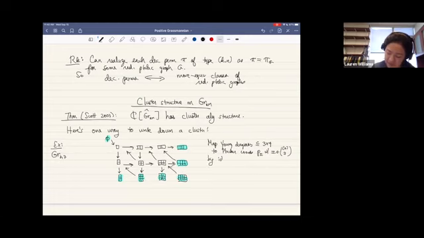And it's this standard identification where we identify a Young diagram with the vertical steps of the path along its border from the upper right to the lower left of the 3x4 rectangle.